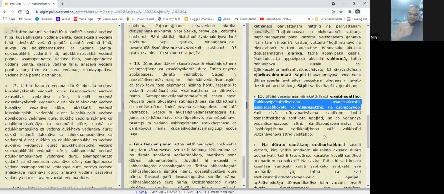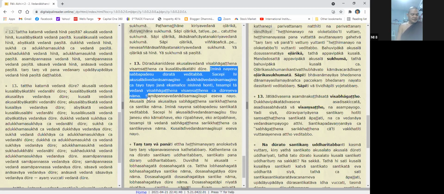So, we go back to the Atthakatha. Imina niyena sabha pade durata viditapa. Then, sache pihi akusaladi vedana samagino. If the person is endowed with akusala vedana, etc. Dukkhadi vedana samagino ca.